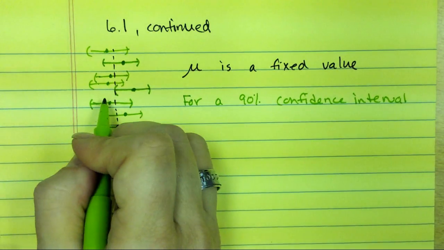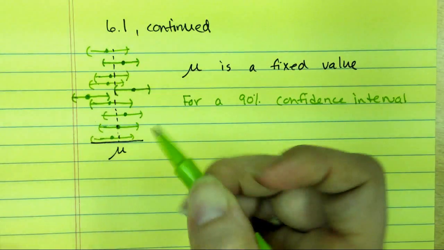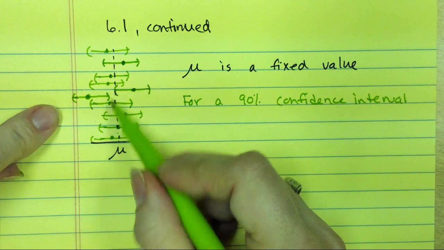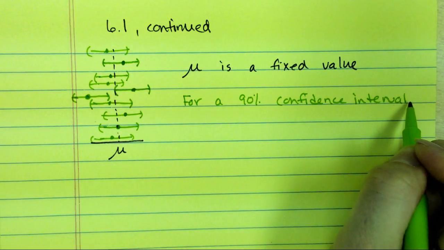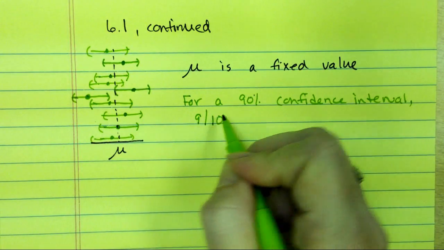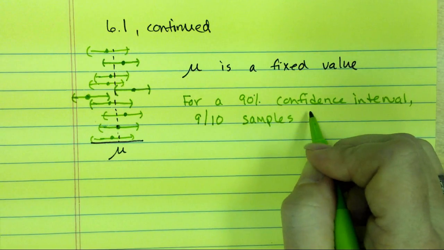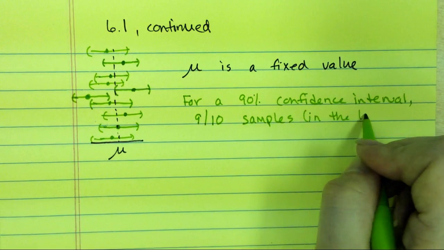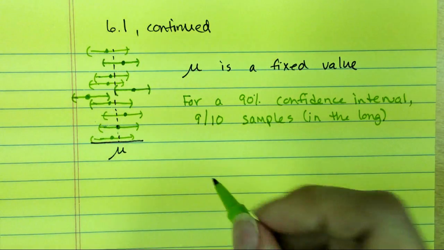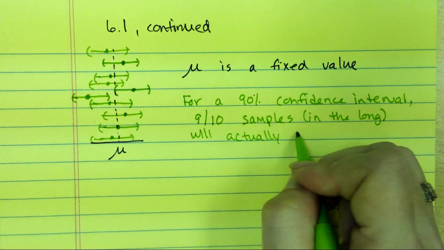For a 90% confidence interval, what happens is 9 out of 10 of my intervals actually include the mean. So that's the meaning of it. For a 90% confidence interval, 9 out of 10 samples in the long run, I may have to do like millions of them, but generally speaking, 9 out of every 10 samples will actually contain mu.